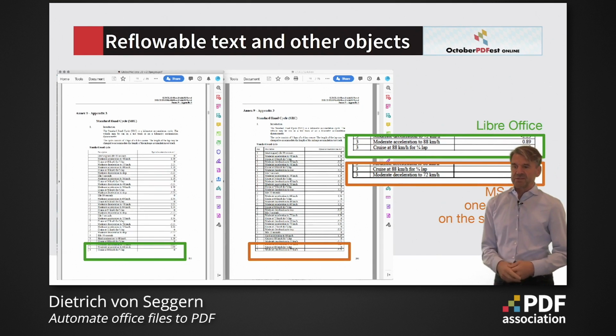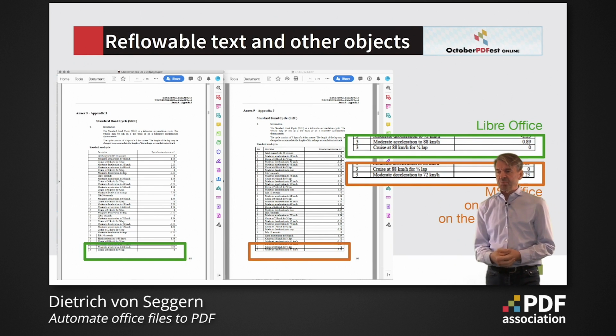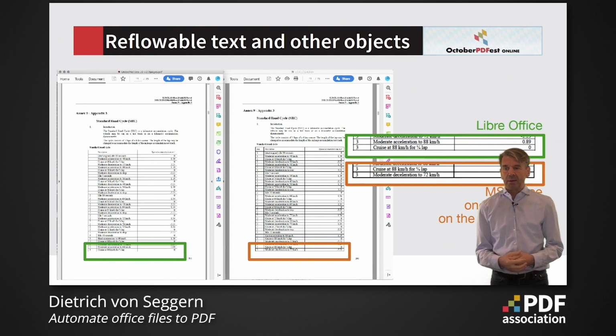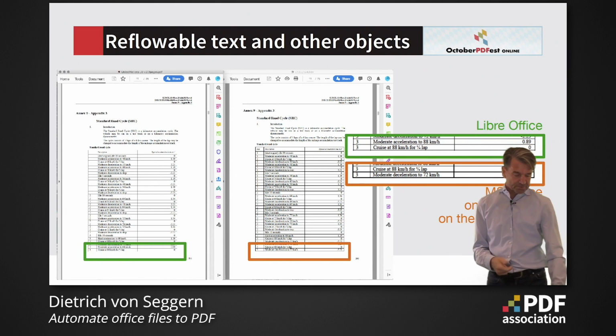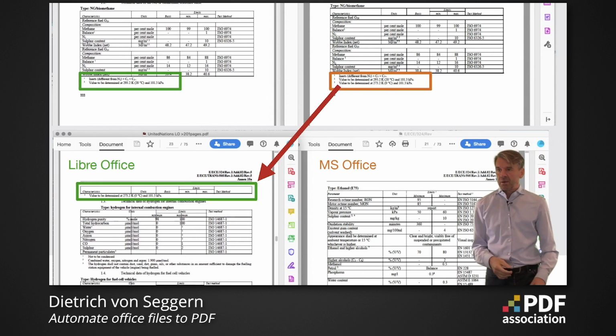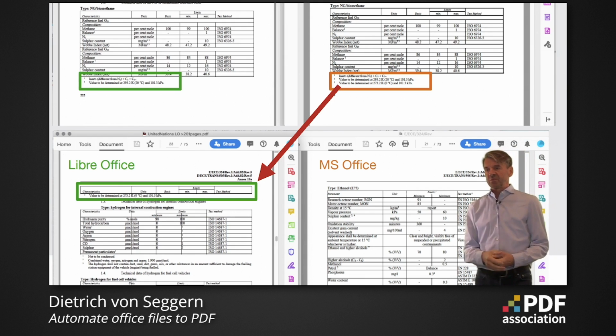A few more examples here. We have a table on a previous page, and in Microsoft Office we just have one more row on the page than in LibreOffice. Another example here, we have a table at the top of the screen with 3 footnotes.